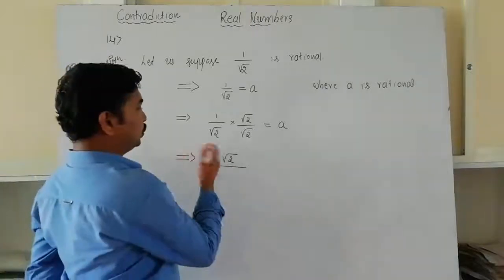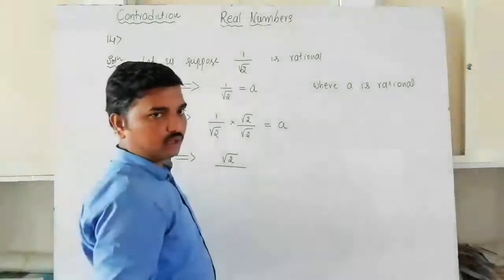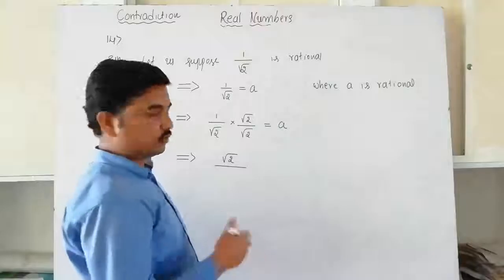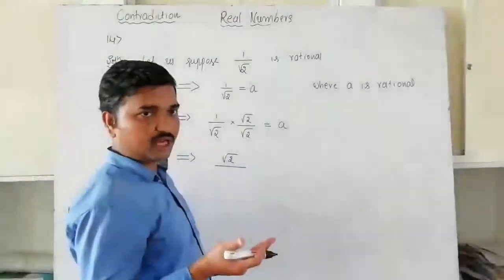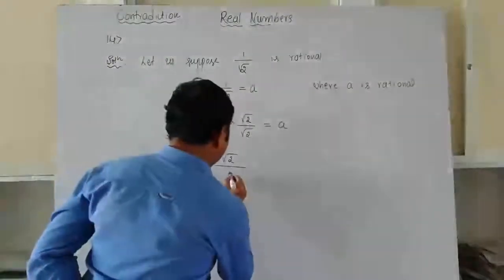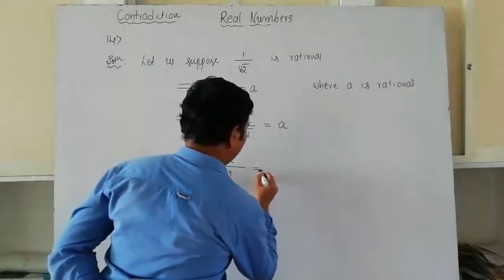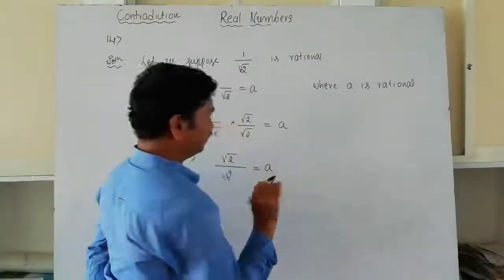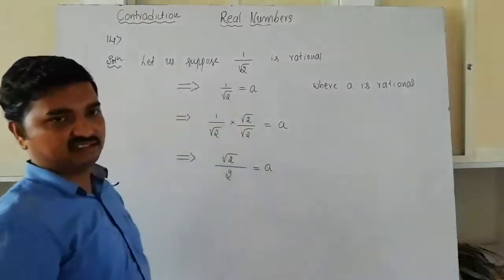Because root 2 into root 2 means root 4, root 4 means 2, or else root 2 into root 2 means root 2 whole square, and the root gets cancelled, remaining is 2. But I'm not going to change anything in the RHS, write it as it is, a itself.